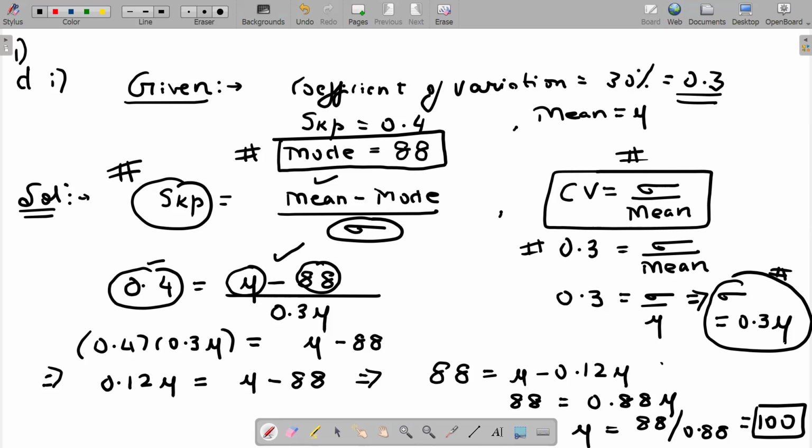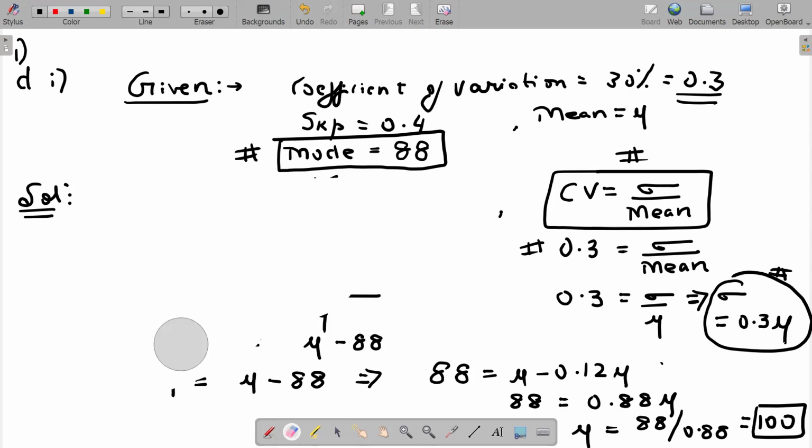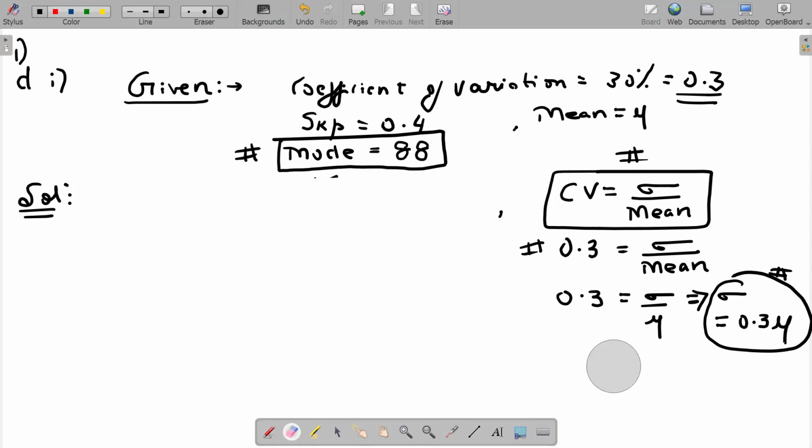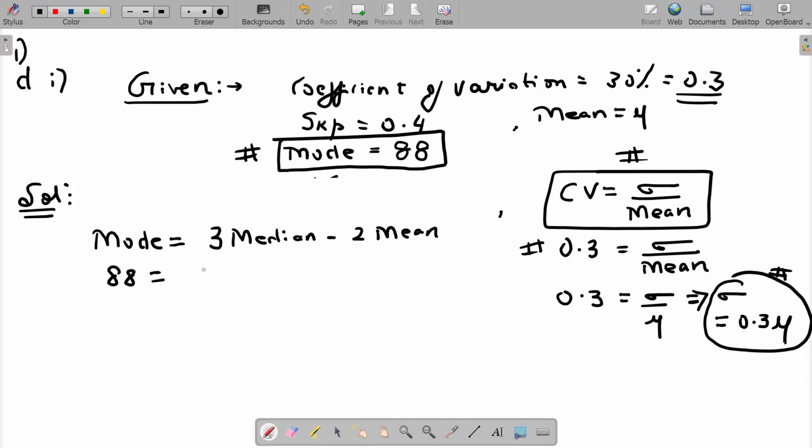And once I've got the mode and the mean, finding the median is quite easy now. So if I erase all this off, I can write mode is equal to 3 median minus 2 mean. So mode is 88. Median I need to find out. And how much is my mean? Mean has come out as 100. We have calculated mean, which is mu, as 100.